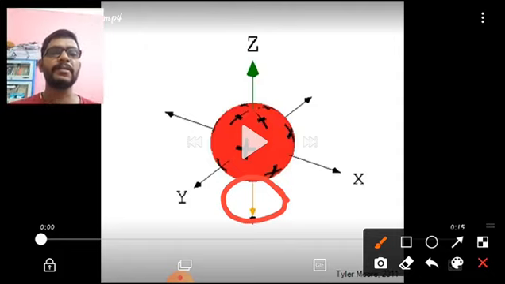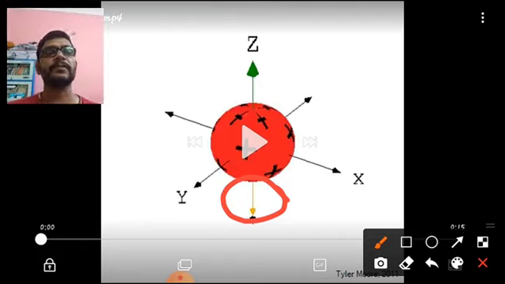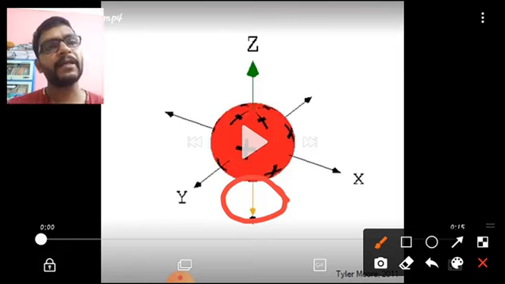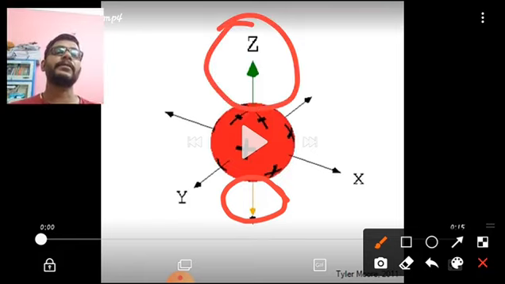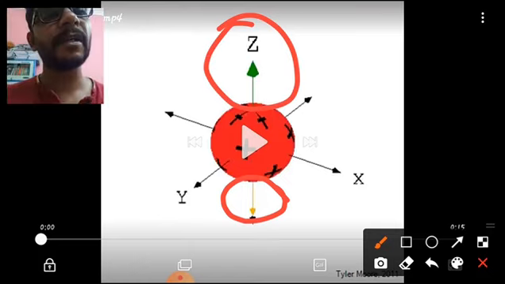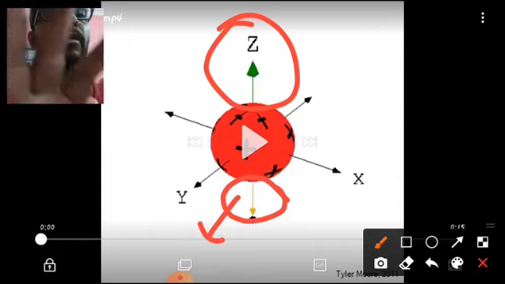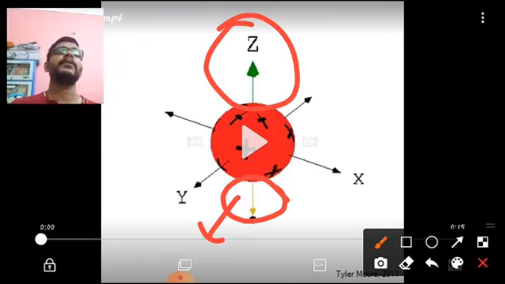Now the body is rotating about its own axis, and this is the fixed axis. The body rotates about its own axis, and the whole system also rotates about the z axis. That motion is called precession.